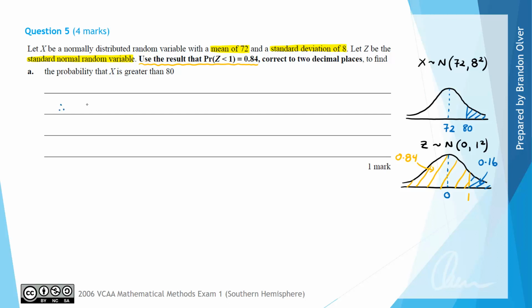So the probability that x is greater than 80 is equal to 1 minus 0.84, which is the 0.16 that we found before. That is the answer to part A.